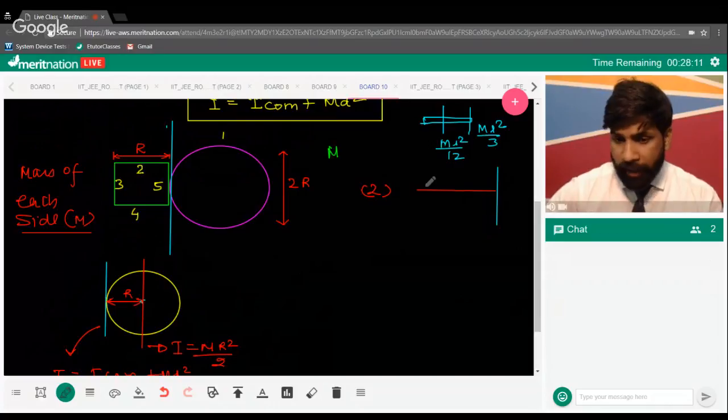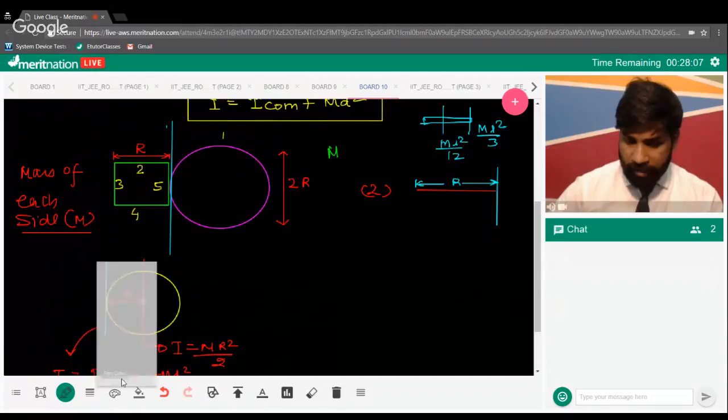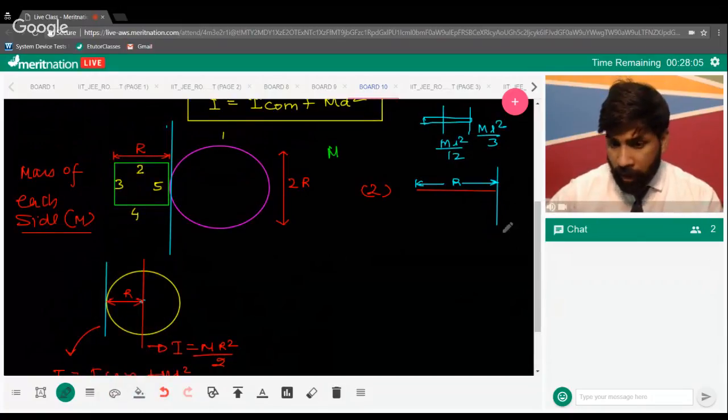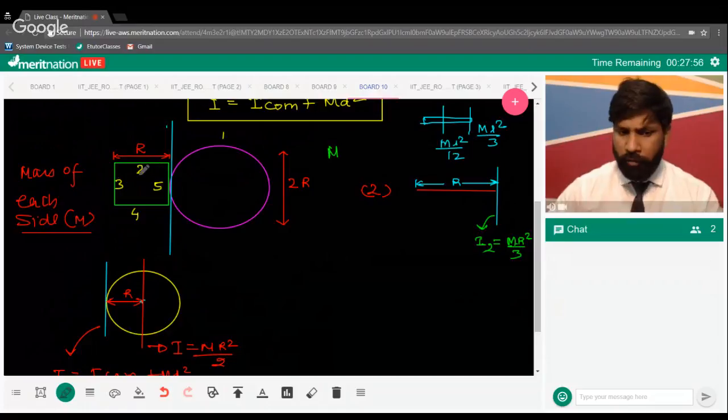Similarly, the length of this rod is r and mass is m. Then the moment of inertia about this axis is I2 equal to mr square by 3. This is the moment of inertia of this second part.